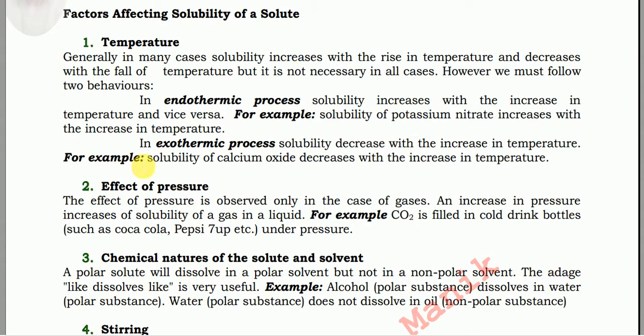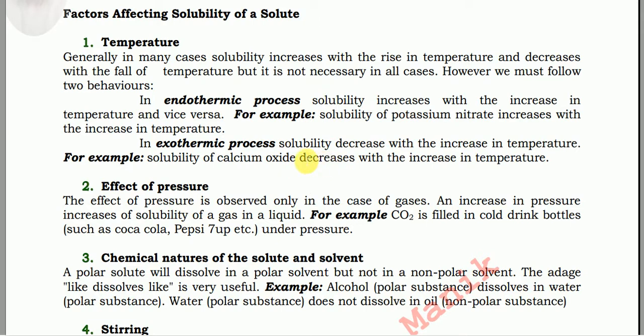For example, the solubility of calcium oxide decreases with the increase in temperature. You know that whenever calcium oxide is dissolved in water, it produces lots of heat since it is an exothermic process. So the temperature is already increased, and if we increase it further, it will decrease the solubility of calcium oxide.